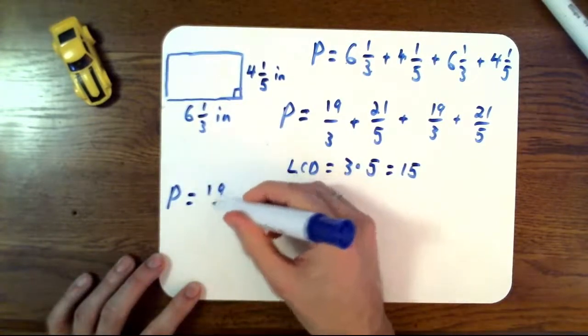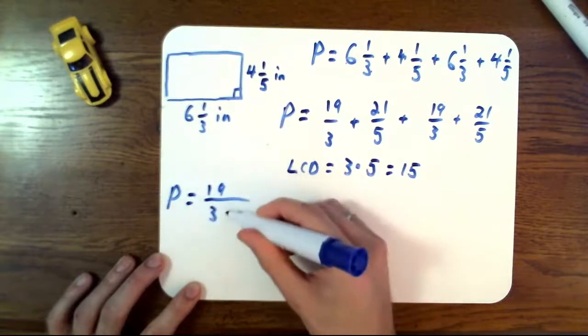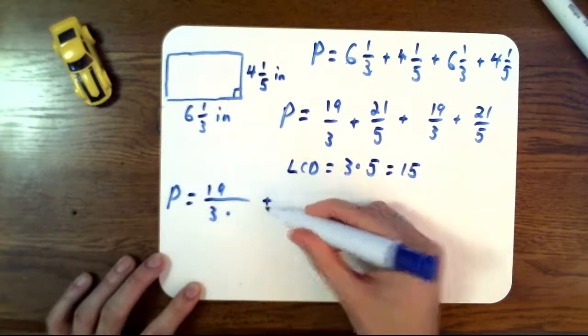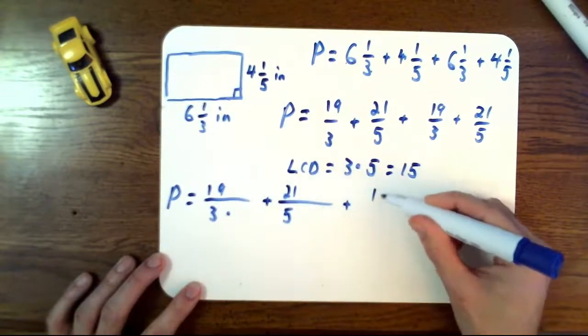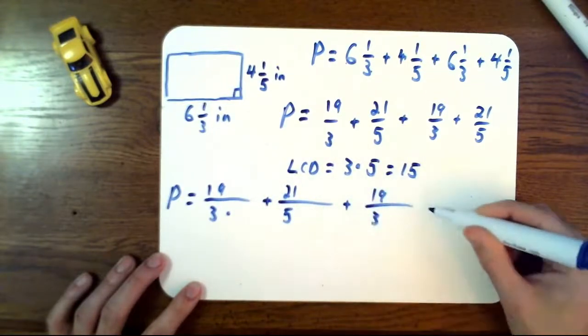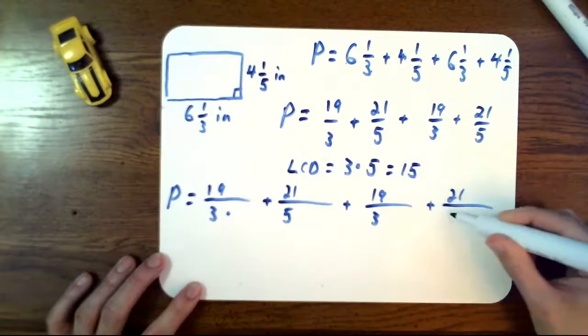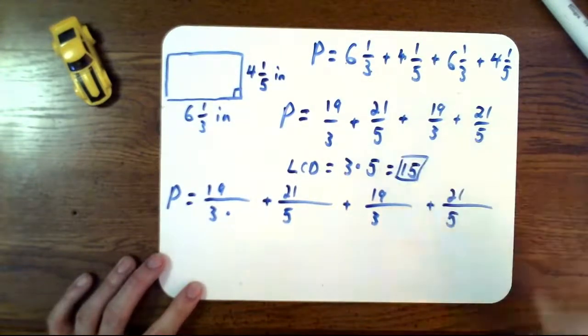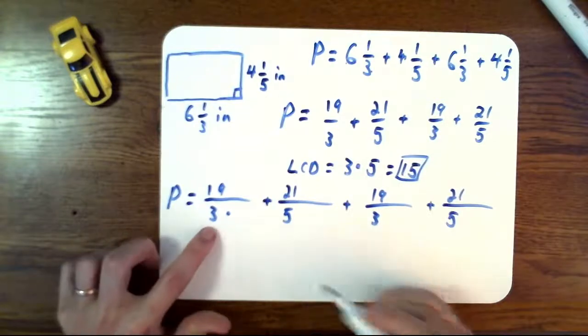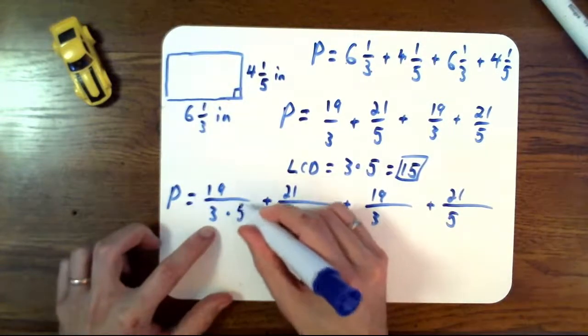So I'm going to leave myself some space. Plus, I'm going to keep track of this. 15. So how do we make this into a 15? We have to multiply by 5.